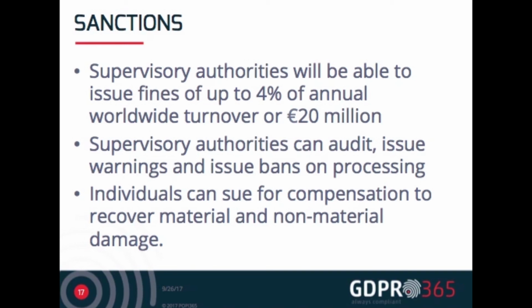The severe breach top line, I think you've all heard, is 20 million euros or 4% of worldwide turnover of the undertaking, whichever is higher. And it's triggered by infringement of the data subject's rights, infringement of basic data protection principles, unlawful international transfers, or non-compliance with any orders that the supervisory authority may have issued that then haven't been followed up on.